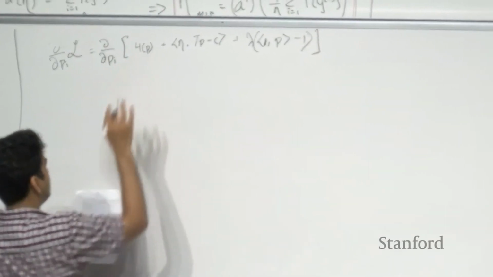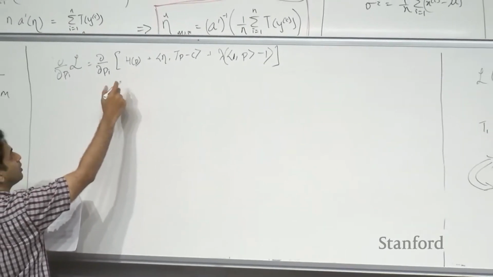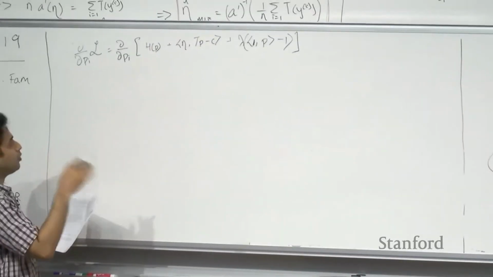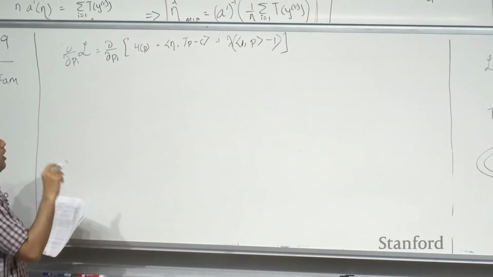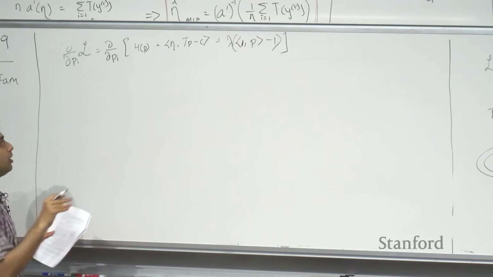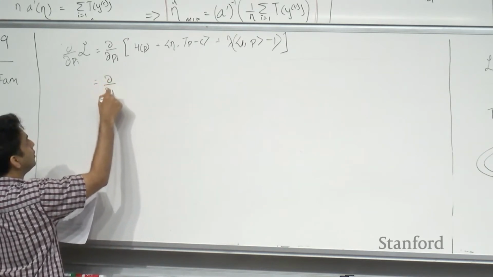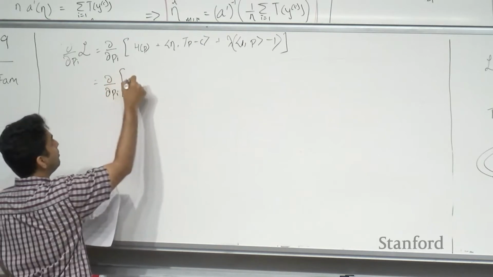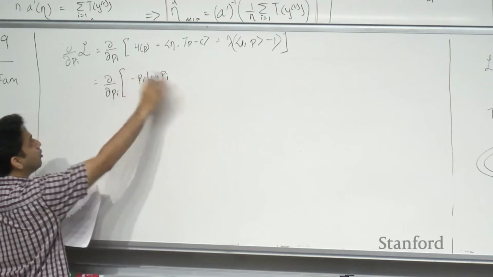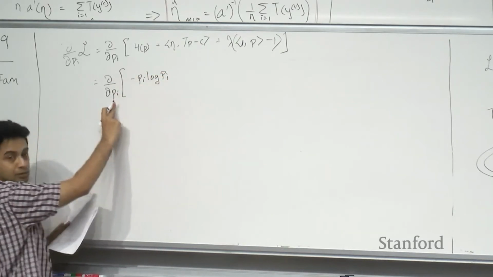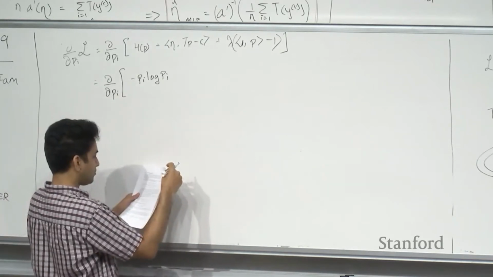And now we differentiate this with respect to pi. So h of P is minus the sum over i of p of i times log p of i, right? So all the terms except the ith term can be eliminated. So this will be minus pi log pi. We are ignoring the non-i terms because they're going to cancel with pi anyways, right?